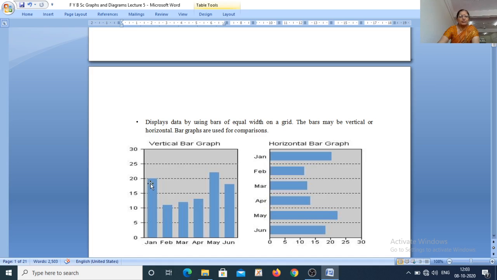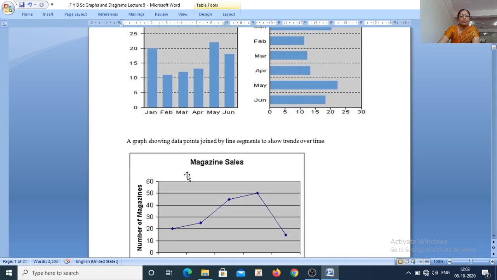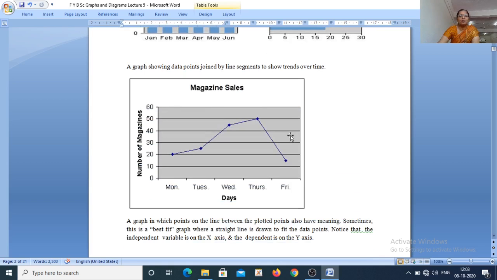In January, suppose 200 books are sold. In February, 100 books are sold, like this. Such a diagram is called a vertical bar diagram, and the same thing you can write in a horizontal way.